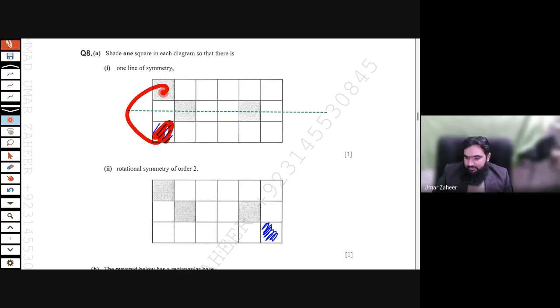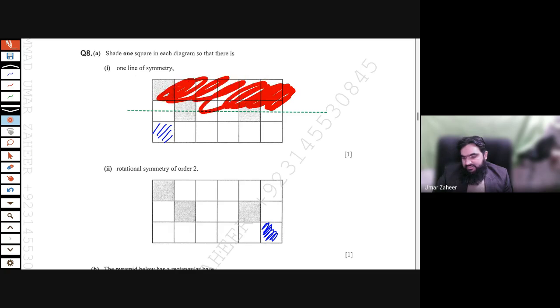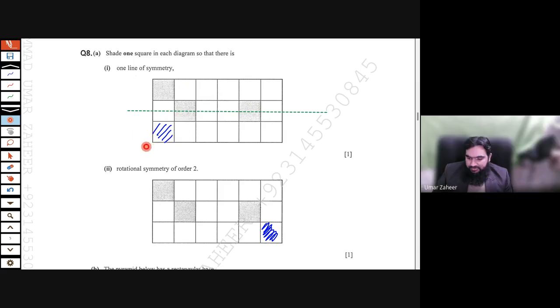Because this half will be here, this half will be here, and the rest of everything is going to be exactly the same. Means the reflection of this part is exactly on the other side. Yes, sir, the answer of this one is going to be correct. It is for the horizontal line of symmetry.